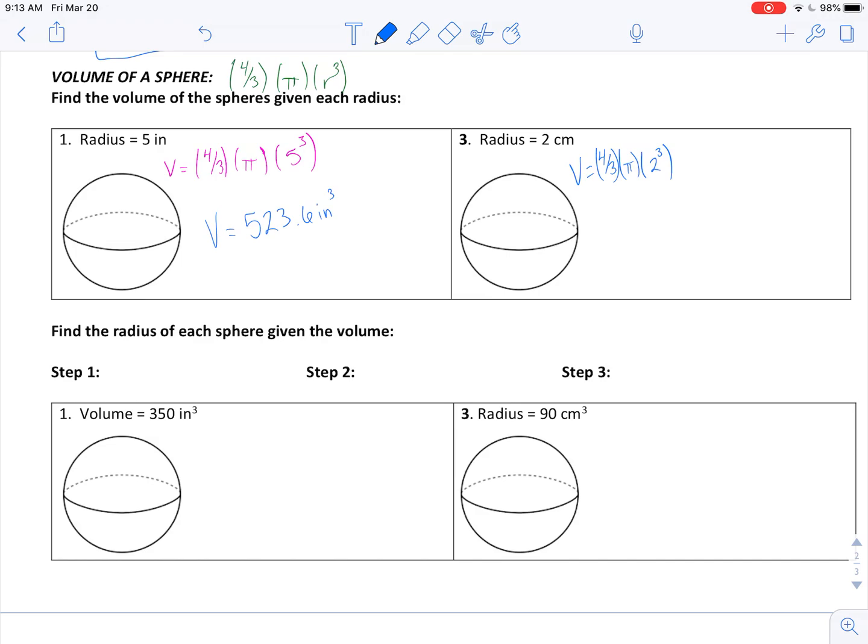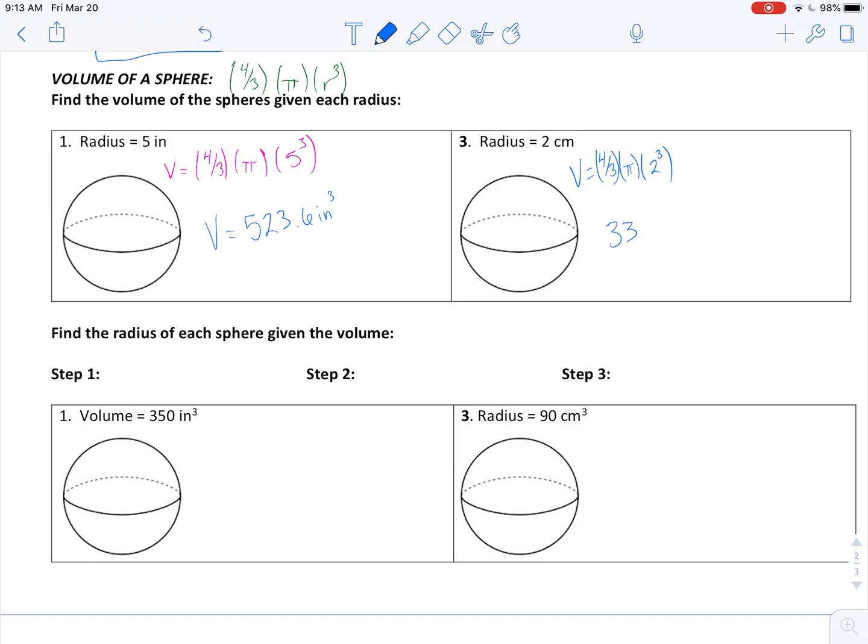So let's substitute that value in there, and we can type that into our calculators. 4/3 times pi times r cubed gets me 33.51 cubic centimeters.